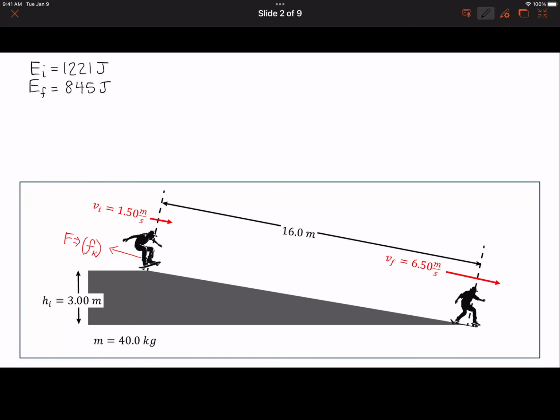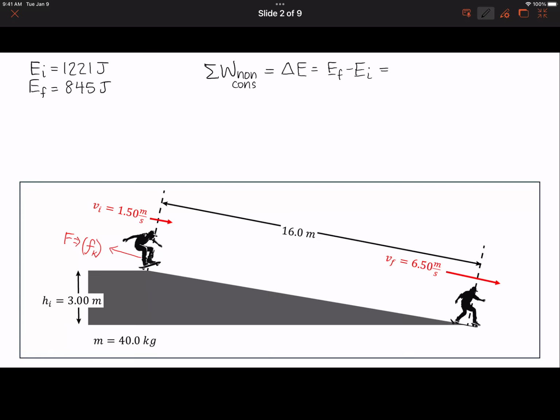So we know that because the energy is not constant, the net work done by non-conservative forces has to equal the change in energy, which is just the final energy minus the initial energy.